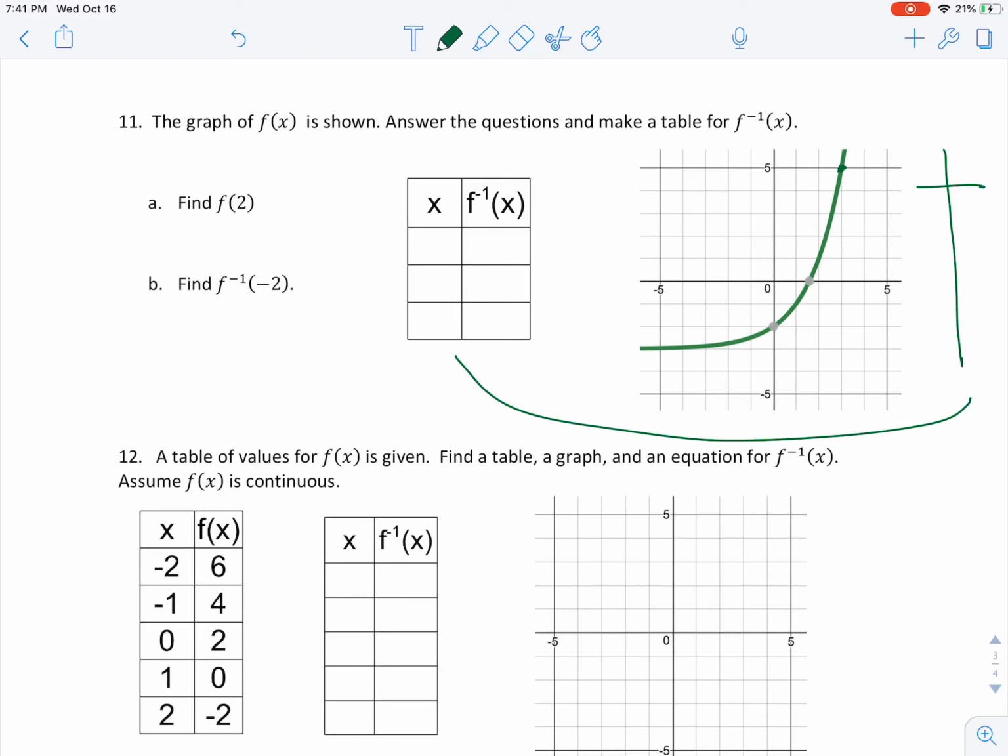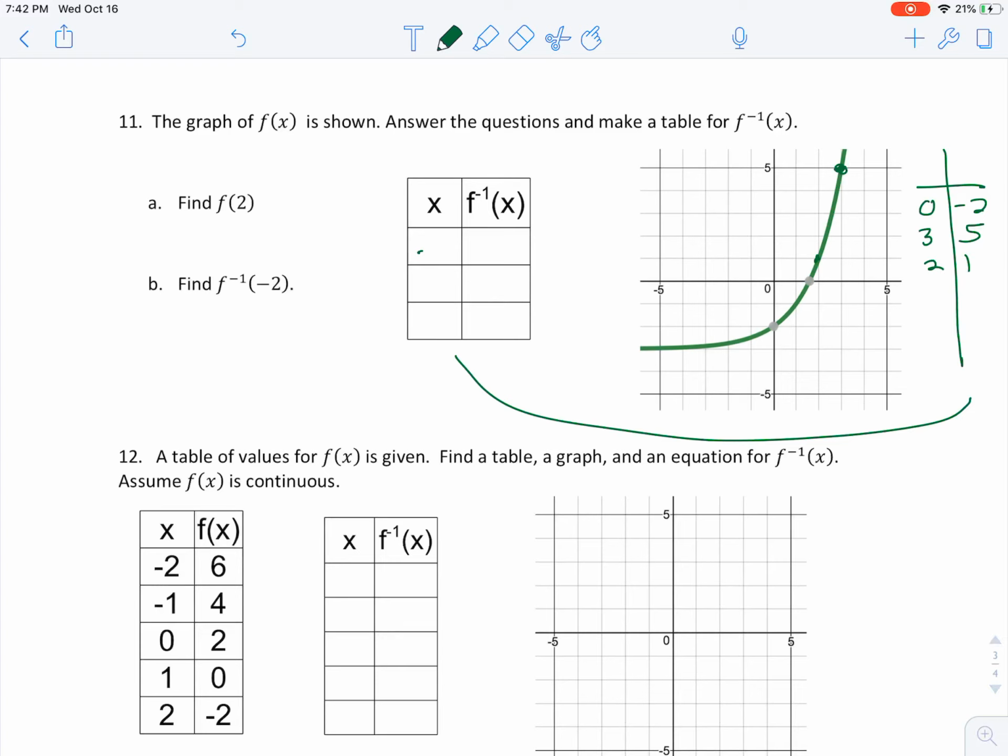So what points do we know? I know that one. What else can I find? I got that one. And then I could also find, let me see what other points we have here. This one looks good.